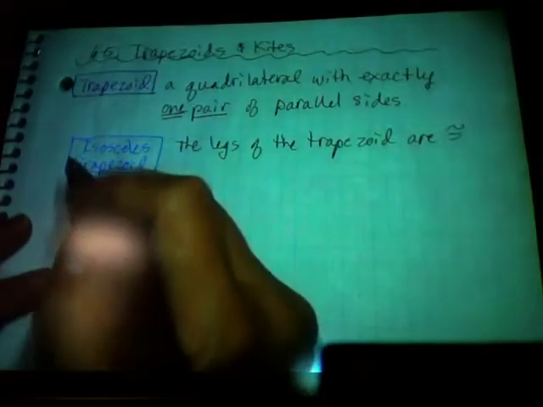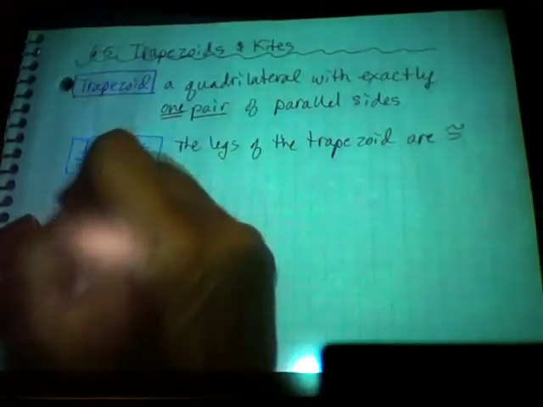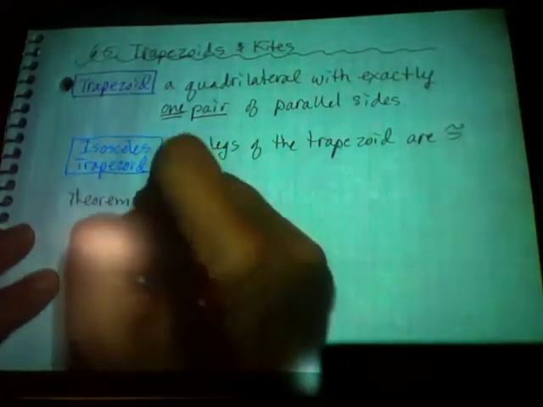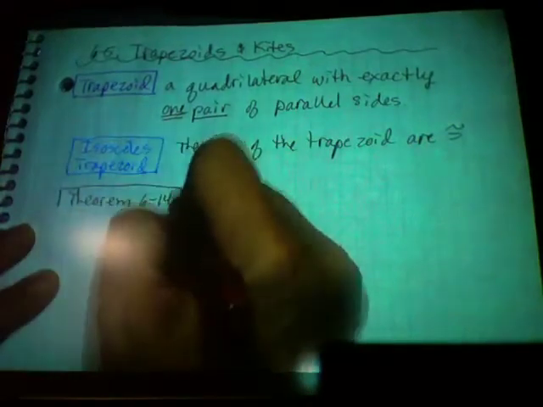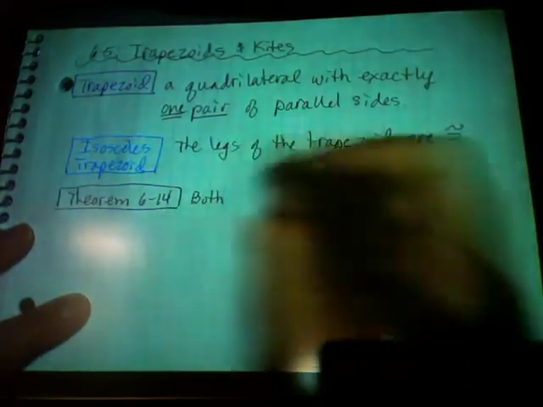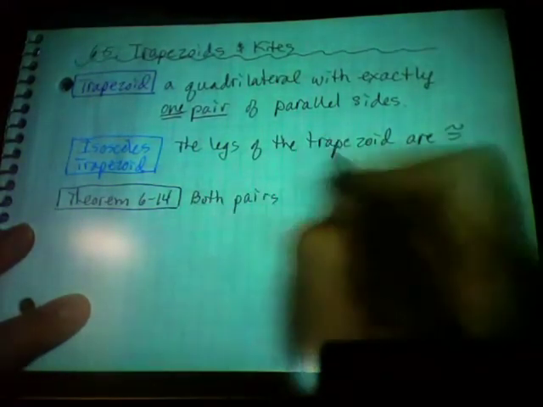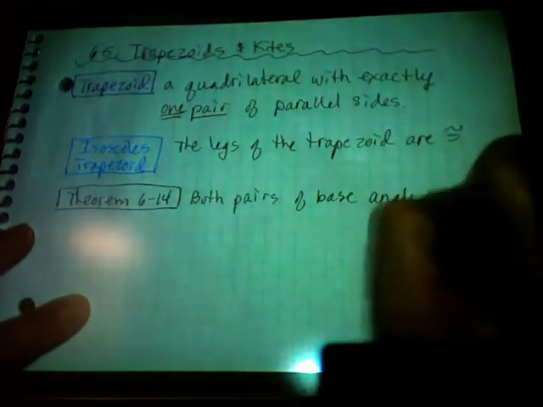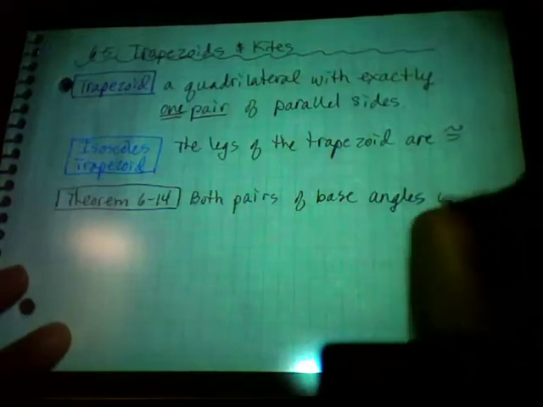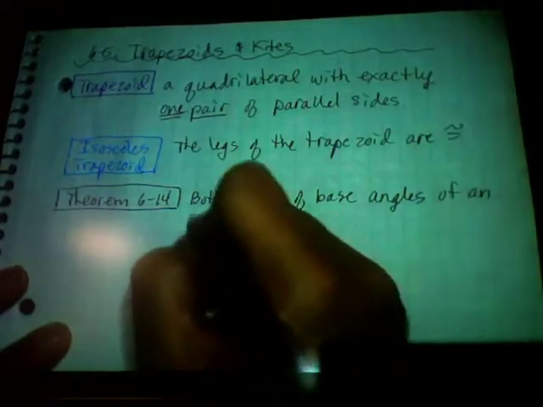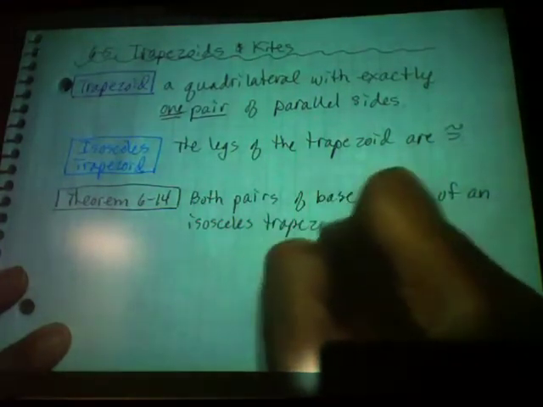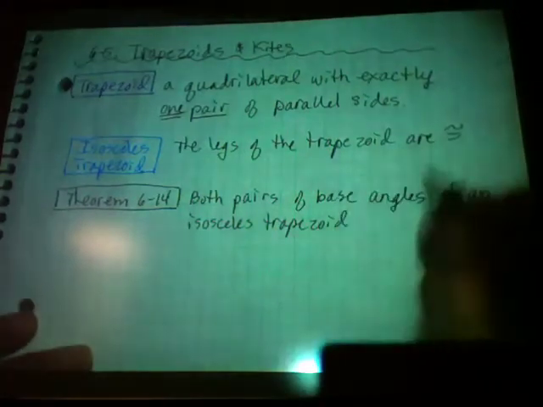Alright, so theorem, and this is associated with the isosceles trapezoid. Theorem 6-14 says both pairs, and this only happens in an isosceles trapezoid, of base angles of an isosceles trapezoid are congruent.